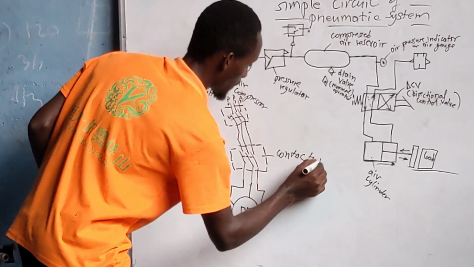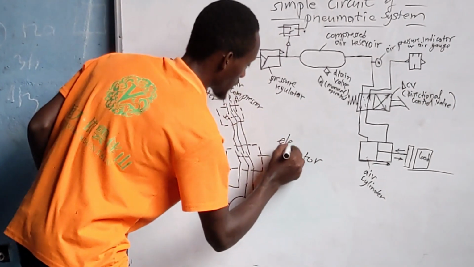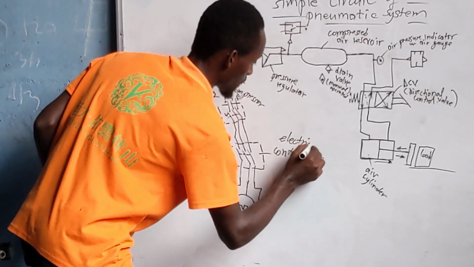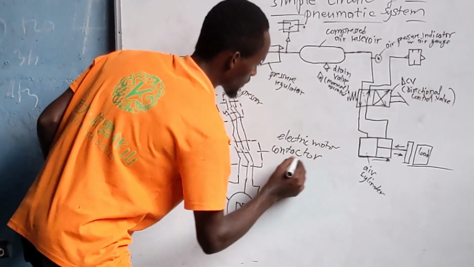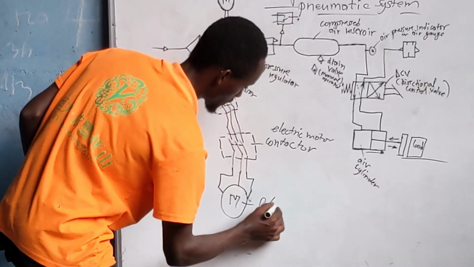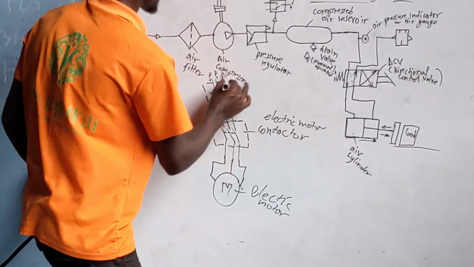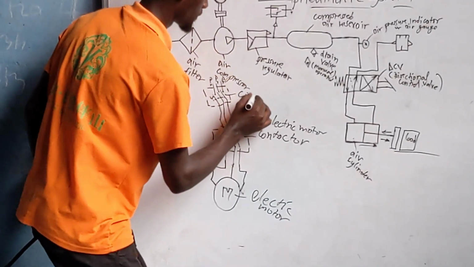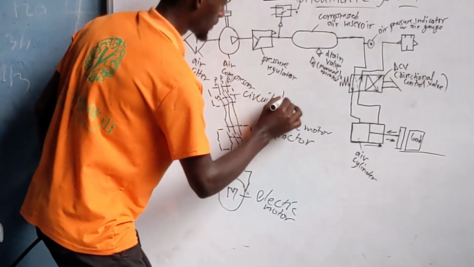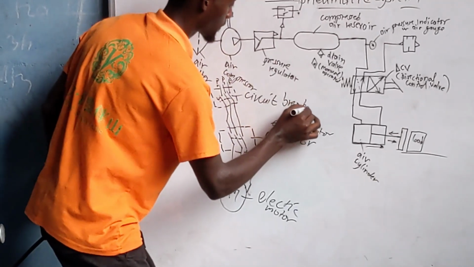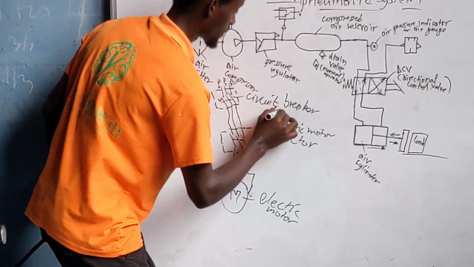This is a contactor, the electric motor contactor. This is the electric motor. This is the circuit breaker, three phase.